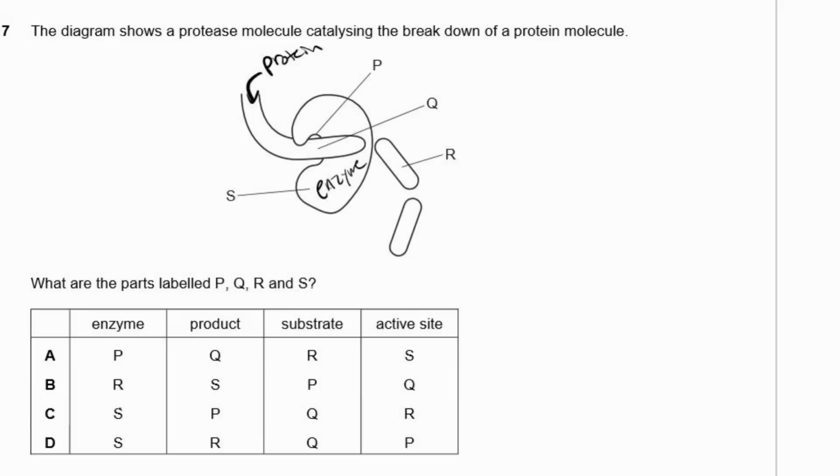So it's one of these two. Now P is the place where it's attaching. So that is known as the active site. So P is the active site. Q is the protein. Okay, so that is the substrate. So Q is the substrate. And then that leaves R, that's the product. So the answer is D.